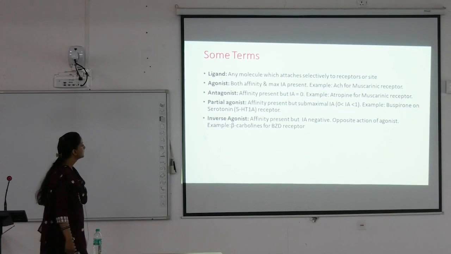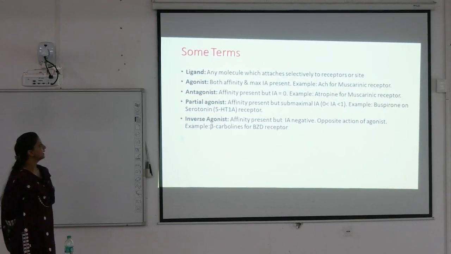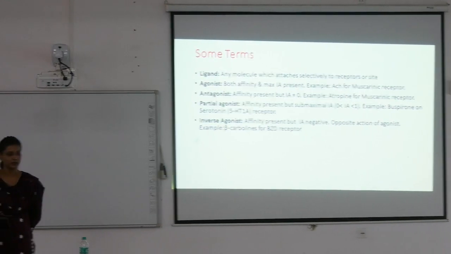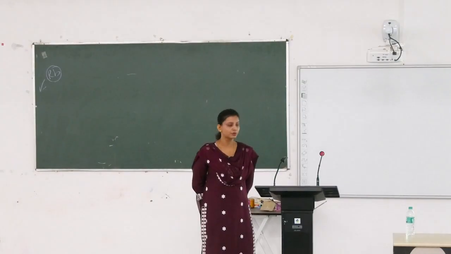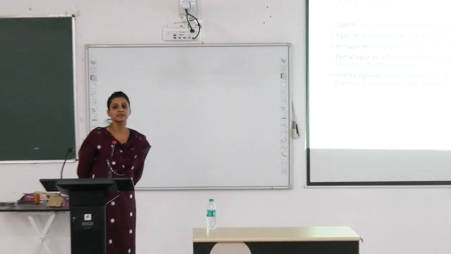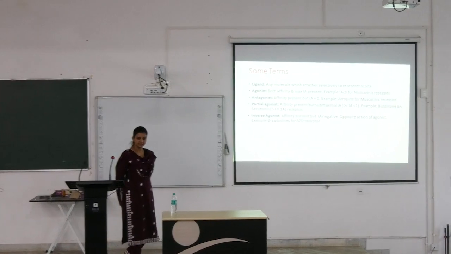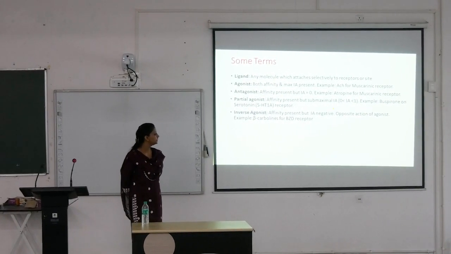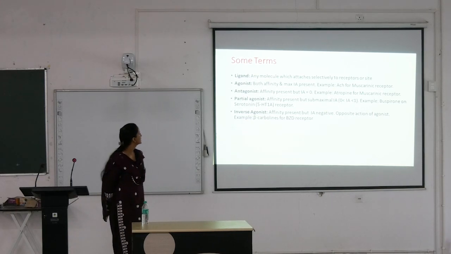Next. Some terms: ligand, agonist will have affinity and intrinsic activity maximum, that is 1. Antagonist has affinity, intrinsic activity 0. Partial agonist has affinity, intrinsic activity more than 0 but less than 1. Inverse agonist will have affinity but intrinsic activity will be negative. Next.